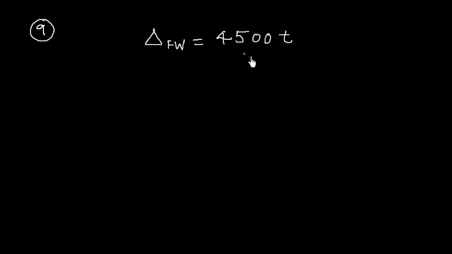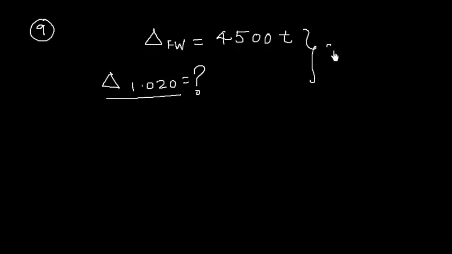So I can write that the displacement in fresh water is 4500 ton. Find her displacement at the same draft in dock water of RD 1.020. If you are in this dock water of 1.020, what is going to be the displacement keeping the draft same? So draft is same.